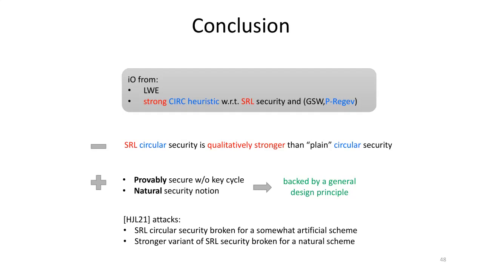So if it's a more complicated class of functions, and you define SRL with that class, it's a stronger notion. And in fact, it's broken. This notion is not satisfied even by a natural scheme. So this shows that you have to be very careful how you define natural schemes and natural security notions. But as long as you have a natural scheme and a natural security definition, then you can use the general design principle as we did.